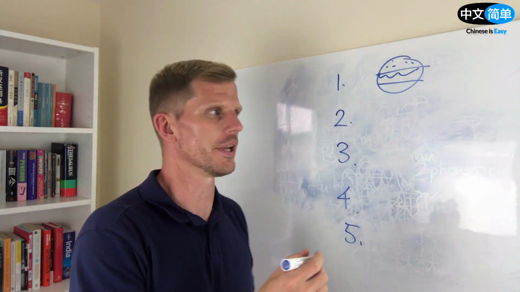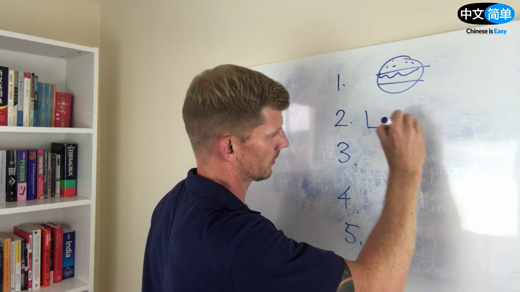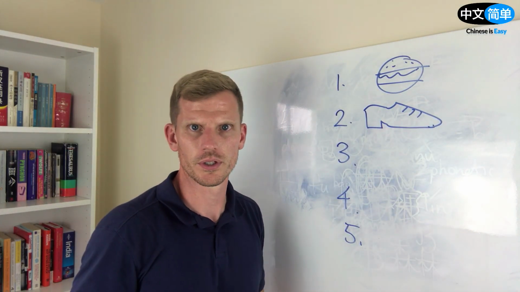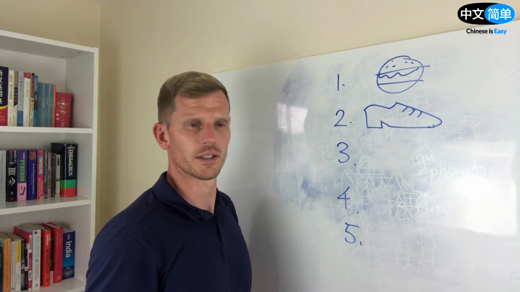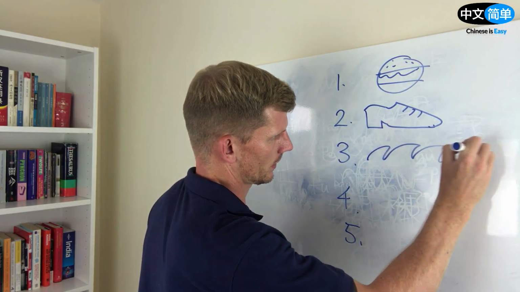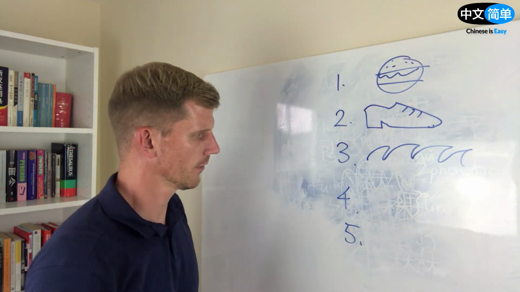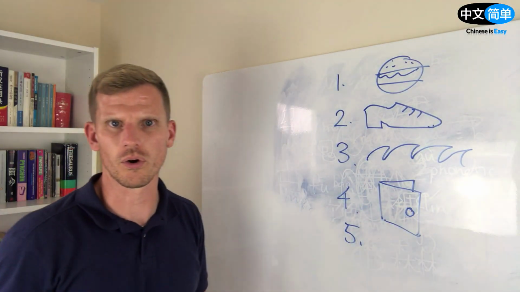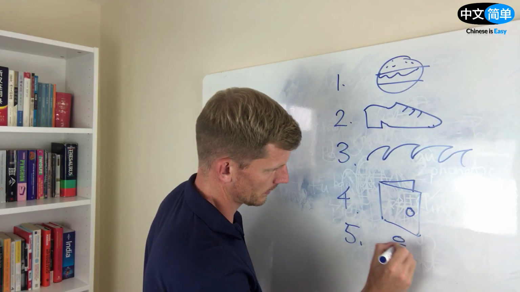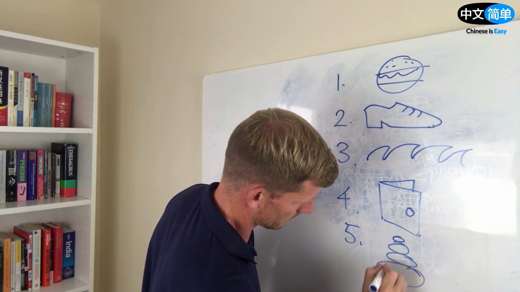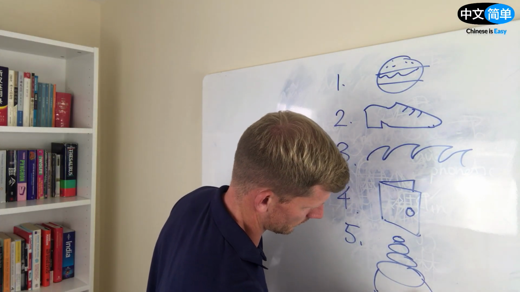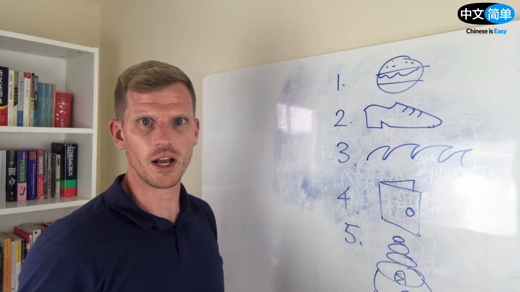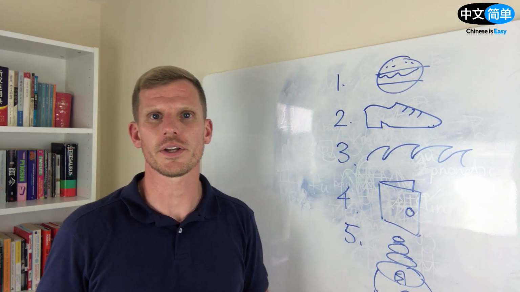So 1 is bun, 2 is shoe, 3 could be sea, 4 is door, 5 is hive. This is meant to be a beehive, okay?